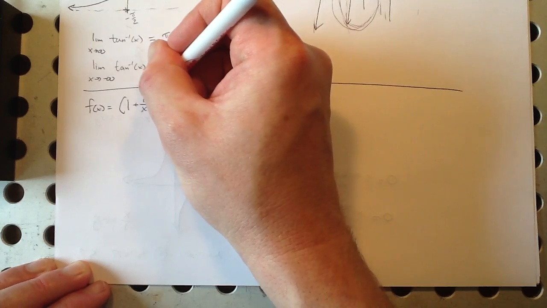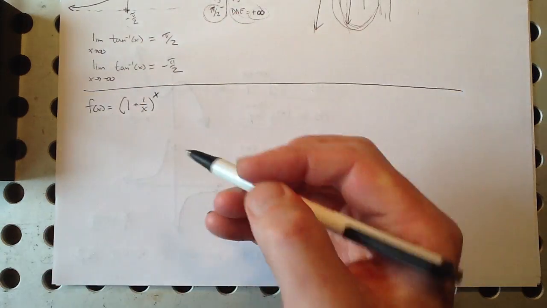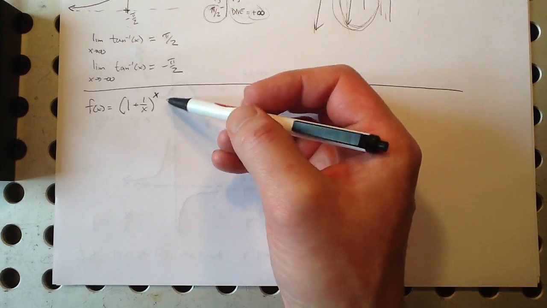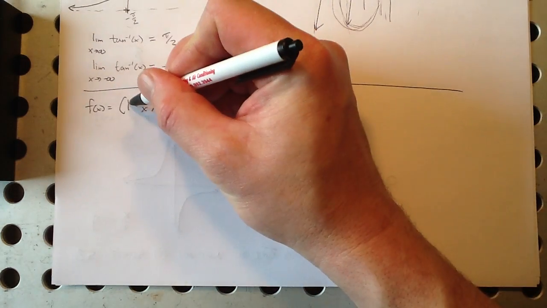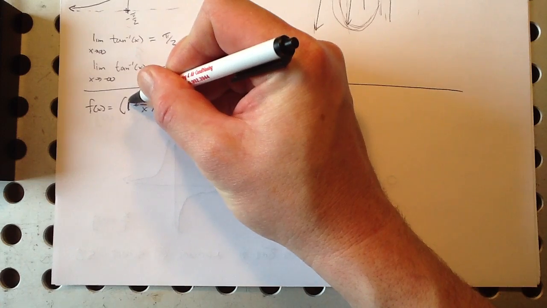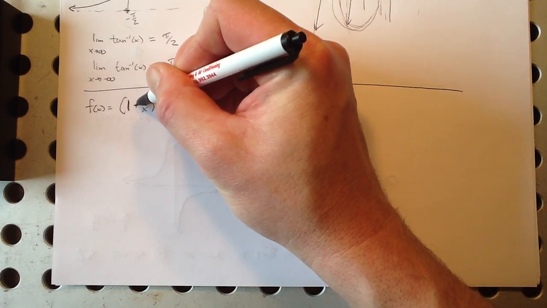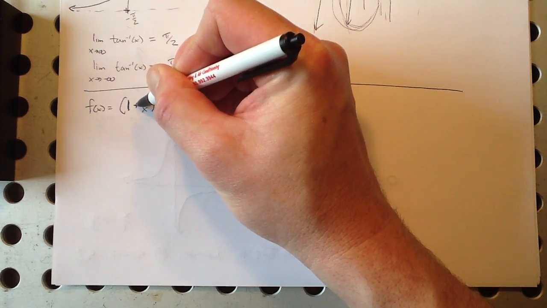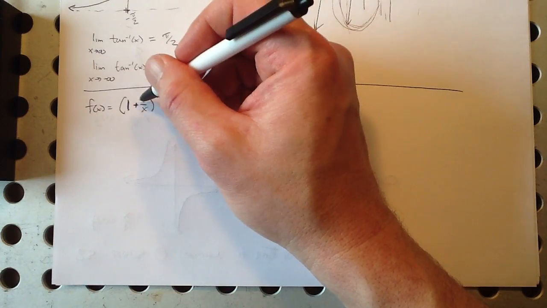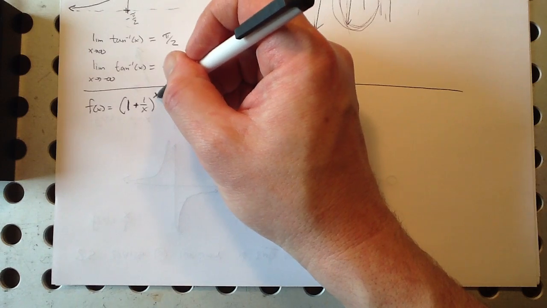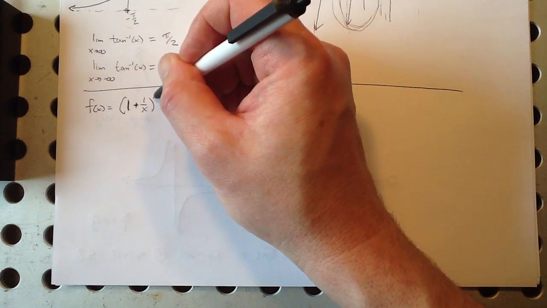I could make a whole video about this function, but this is like taking $1 and investing it in a bank and compounding it with a 100% interest rate and compounding this many times.